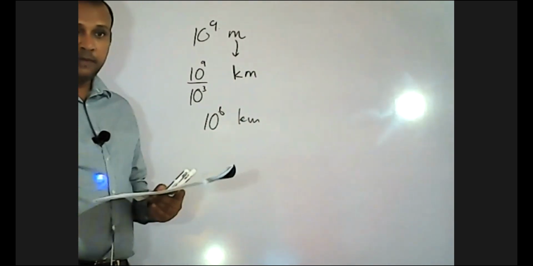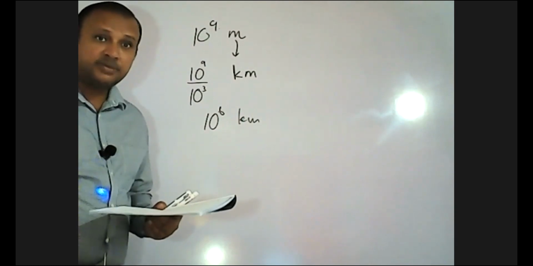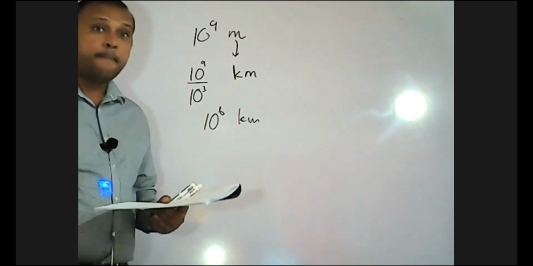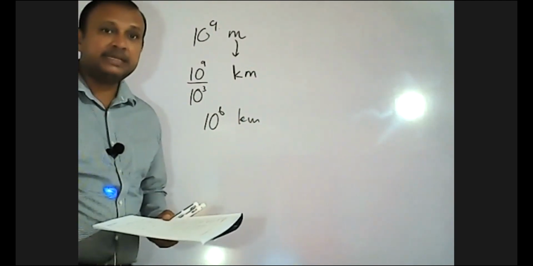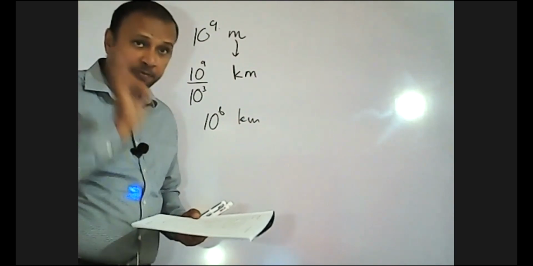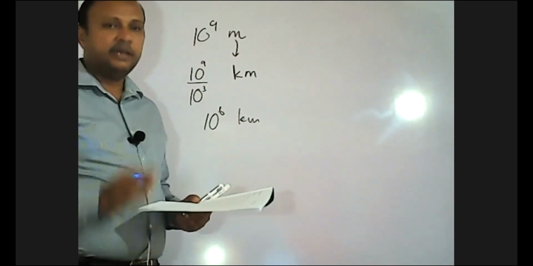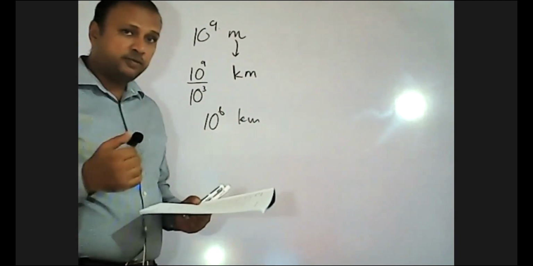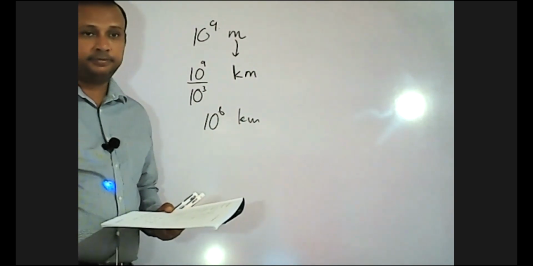Nano is 10 to the power minus 9, kilo is 10 to the power plus 3. So if any prefix has a plus power, it will be a multiple. If any prefix has a minus power, it will be a submultiple.